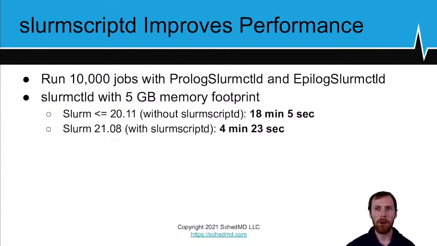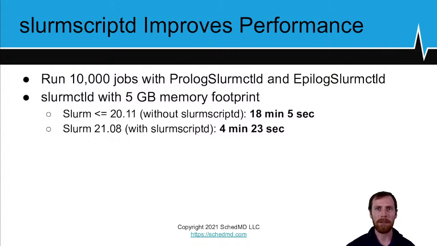So just to show how this improves performance, I did the same test. As a reminder, without slurmscriptd in 20.11, that test took 18 minutes, 5 seconds. But with slurmscriptd, that test took 4 minutes, 23 seconds, which is even faster than it was with slurmcontrolD with a minimal memory footprint.